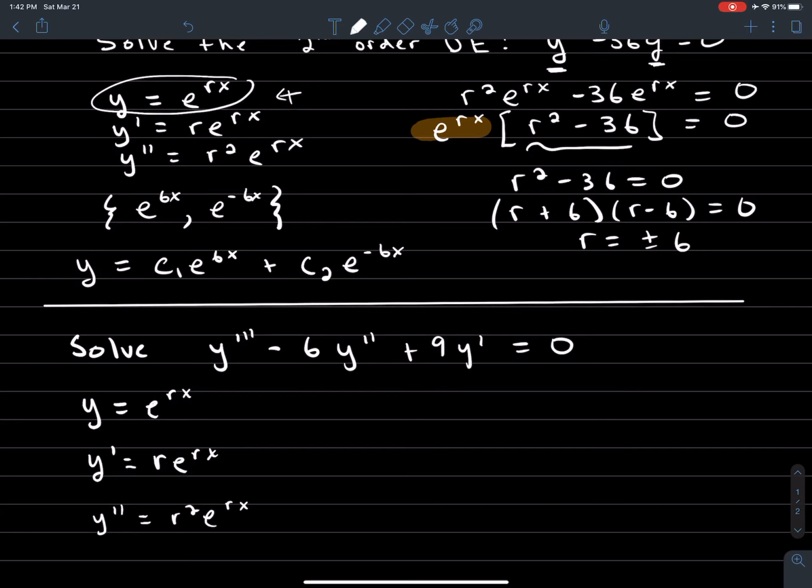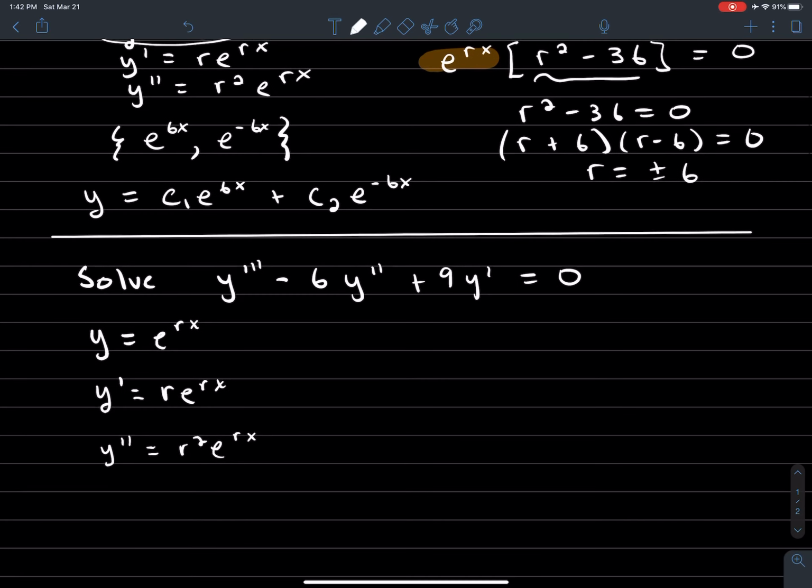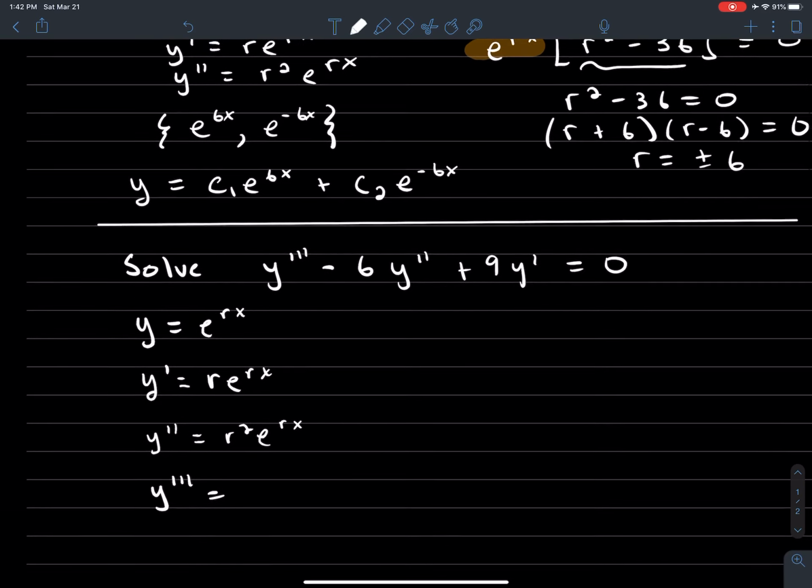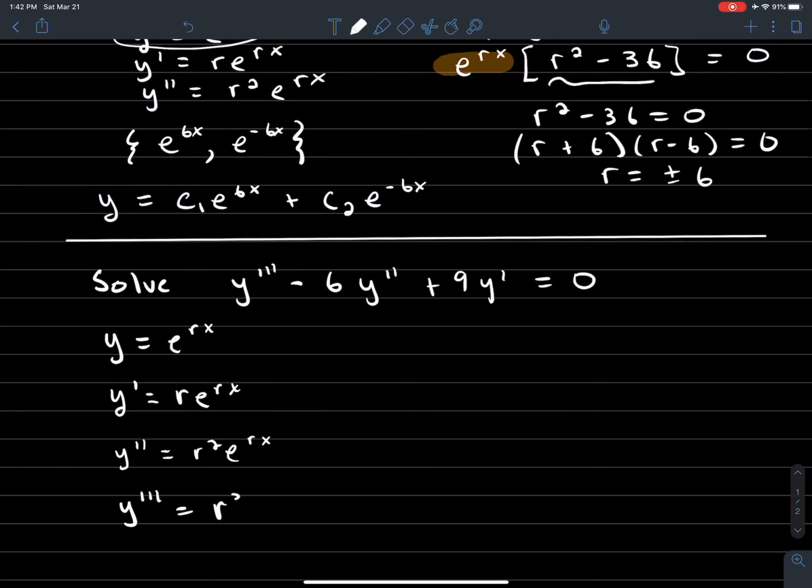Plug it into our third order. Oops, I need one more, don't I? So y triple prime equals r to the third e to the rx.